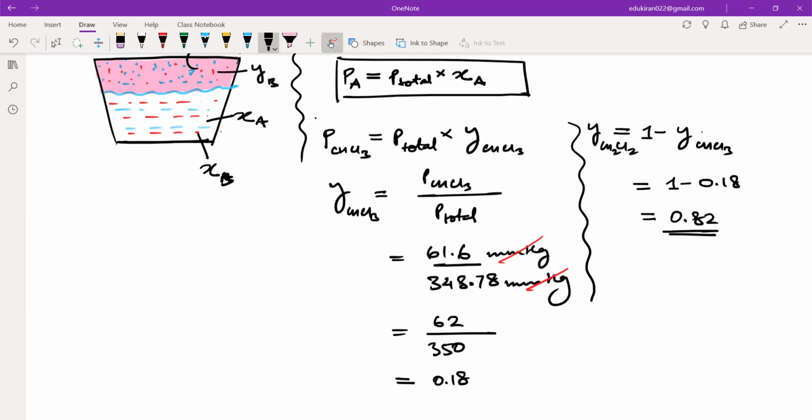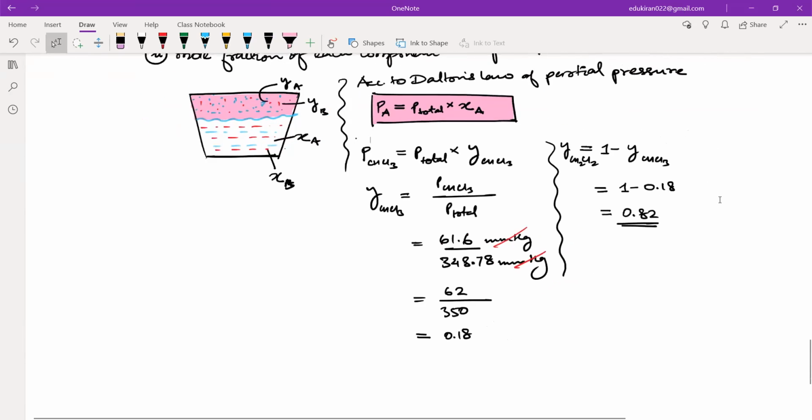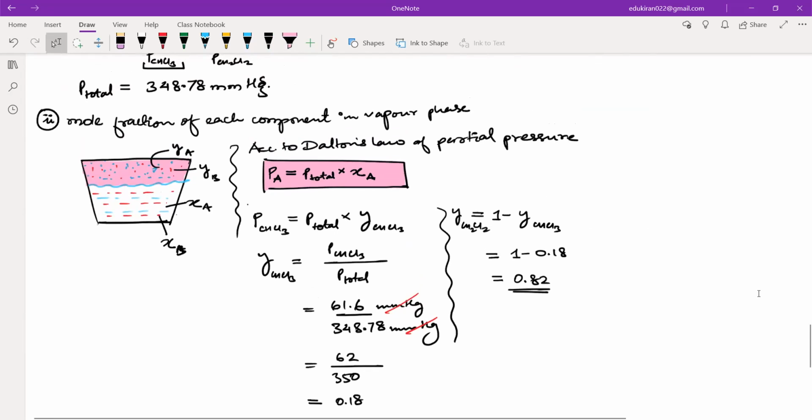Now again, I'm asking those who have not understood this part, that is, according to Dalton's law of partial pressure, please let me know now. So 0.18 and 0.82 are the mole fractions in the vapor phase.